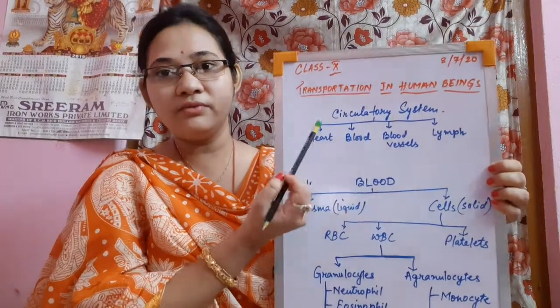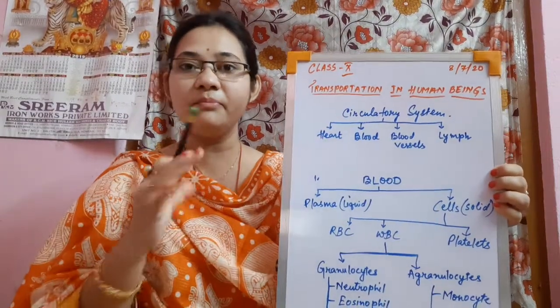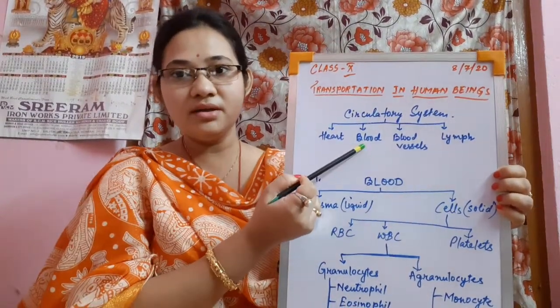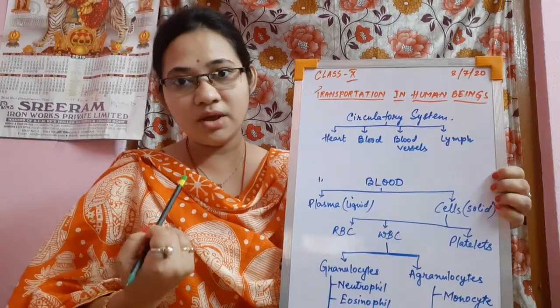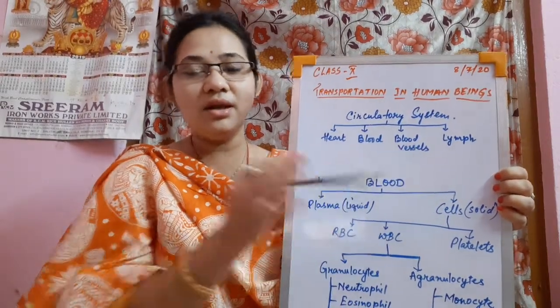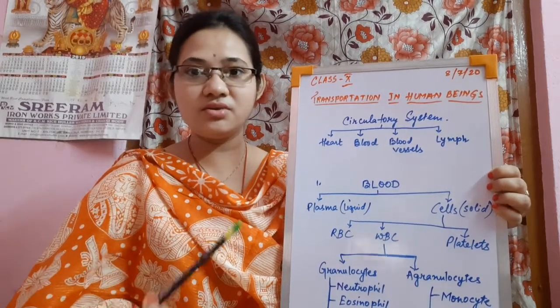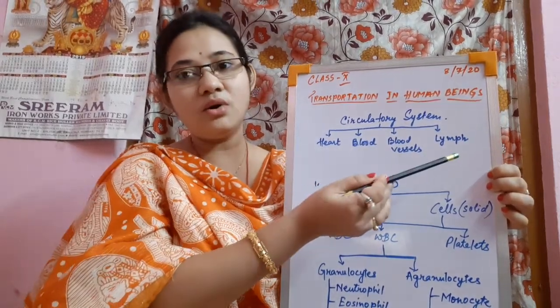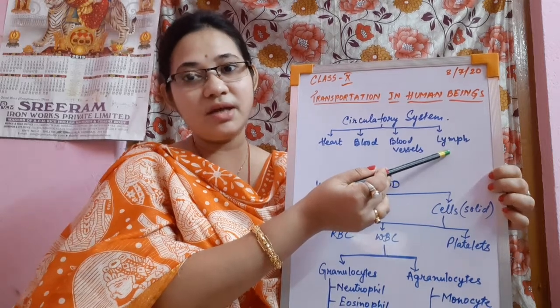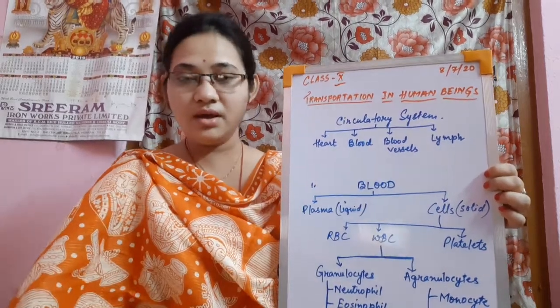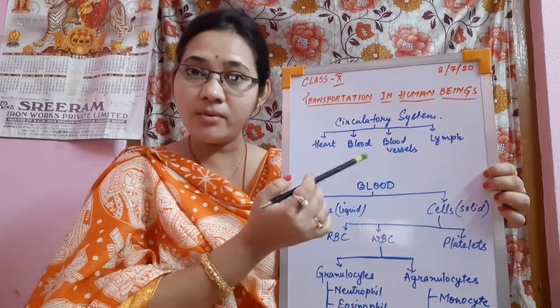Now, the circulatory system is made up of the heart, that is the pumping organ, the blood, that is a connective fluid tissue in our body, the blood vessels, that means the pipe-like structures through which blood flows to different tissues and cells of our body, and also the lymphatic system, that is made up of lymph. Lymph is also derived from blood.